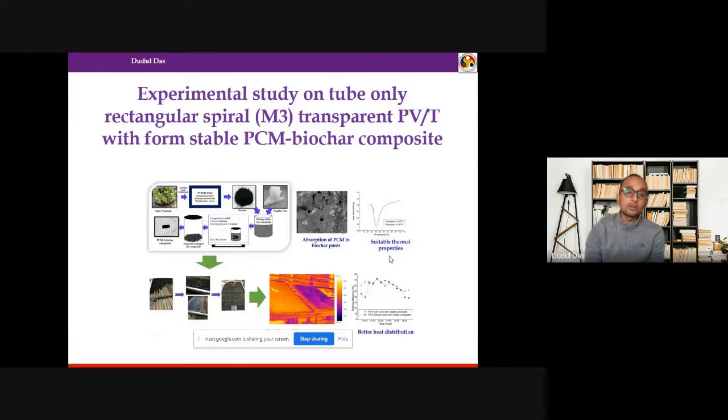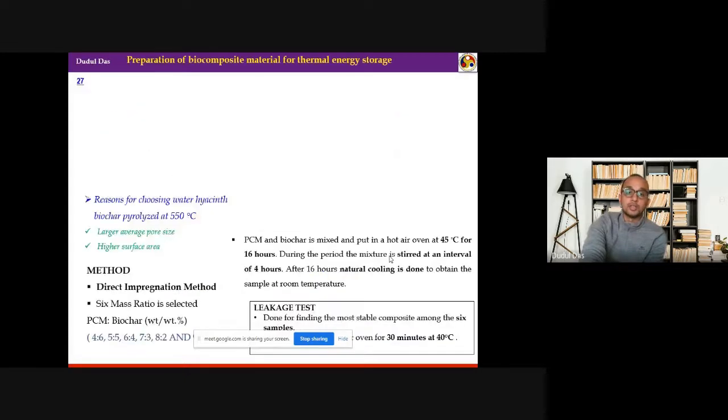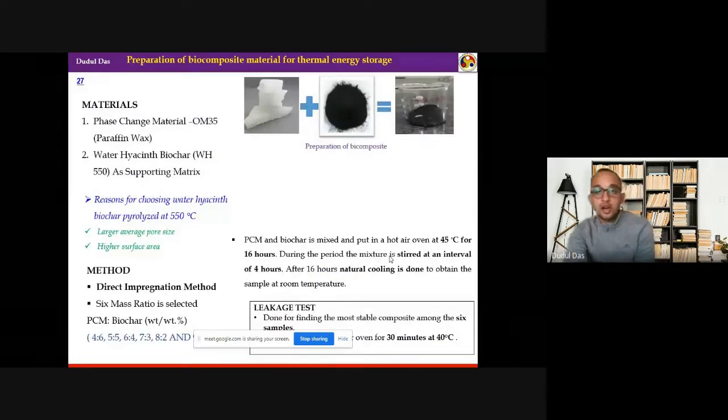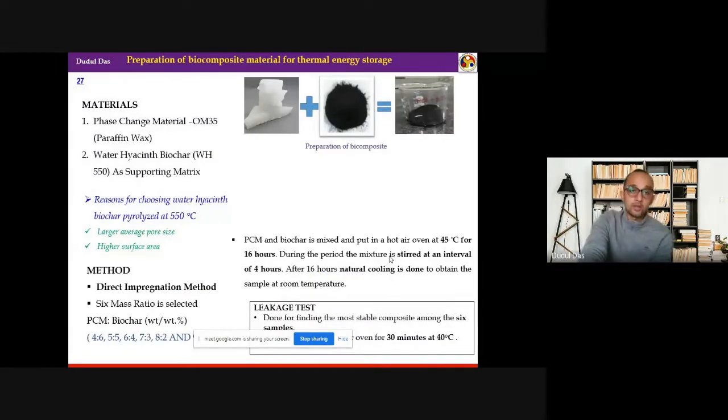So we tried to come up with a solution where PCM can be used, but it doesn't leak when it undergoes phase transition. That means it changes phase, but it doesn't leak. So we tried to come up with a form stable PCM biochar composite. This is how we developed the PCM biochar composite.